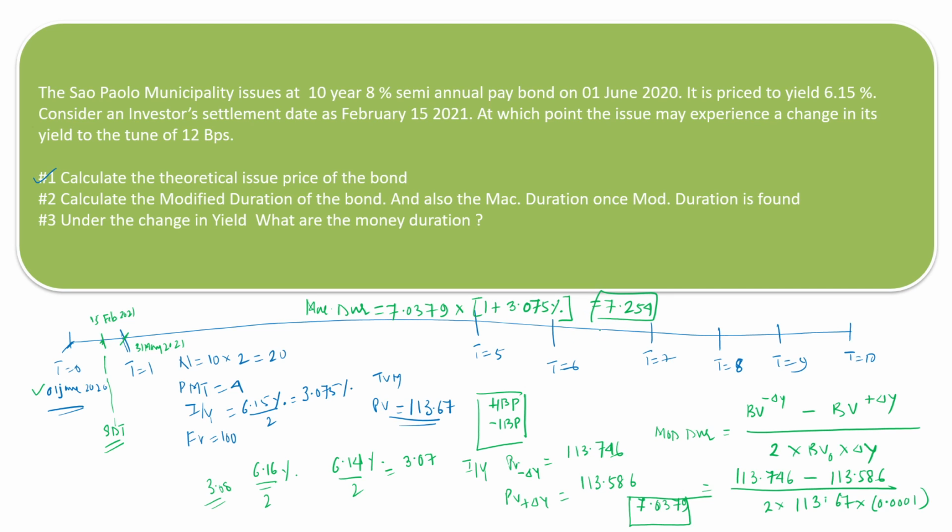So we have got both the duration measures: one is the modified duration and second is the Macaulay duration.